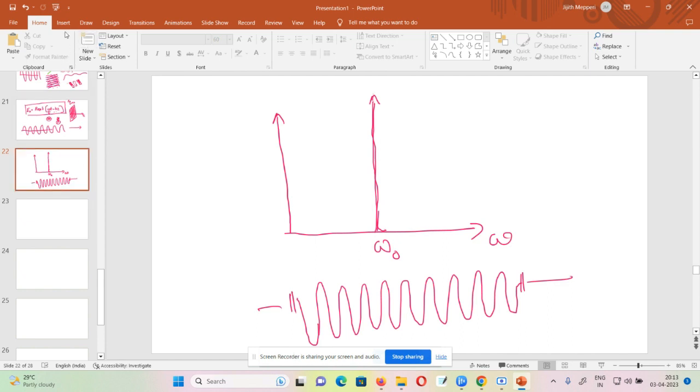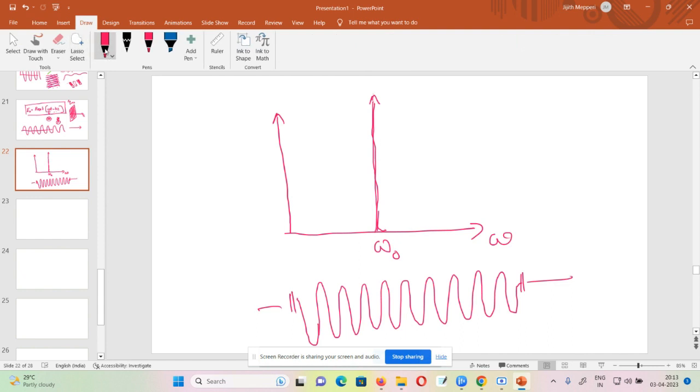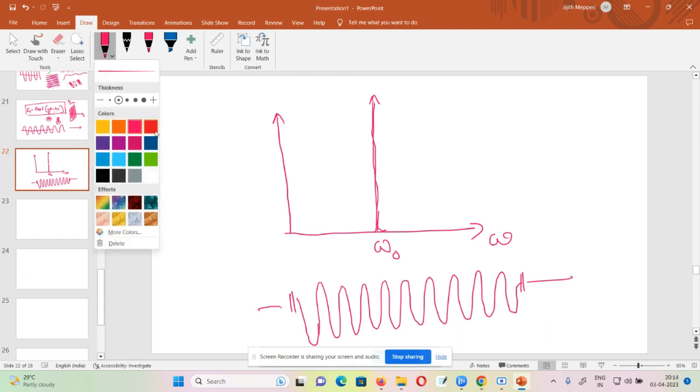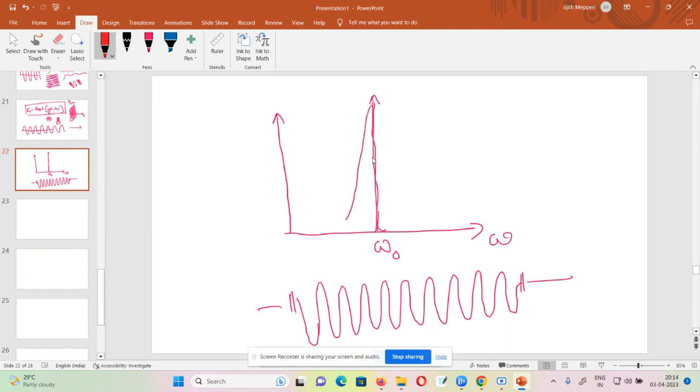But in a real case, what will we have? There will be a finite width. This finite width implies it is not a single plane wave, but a combination of different frequencies.